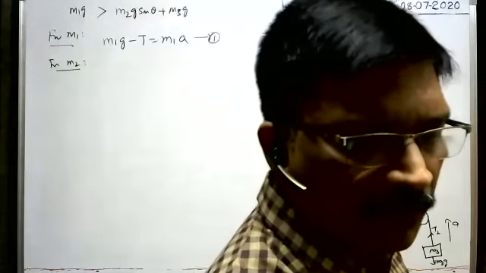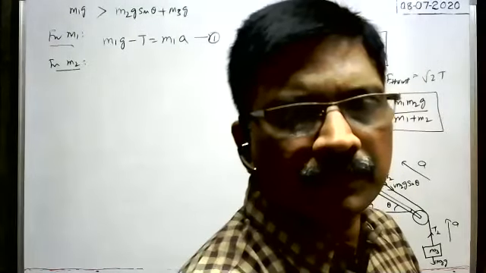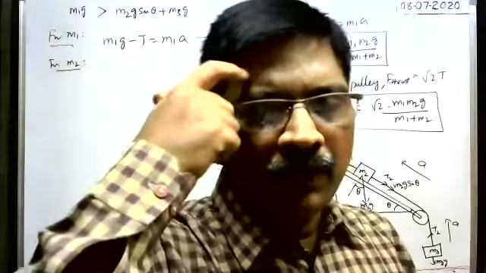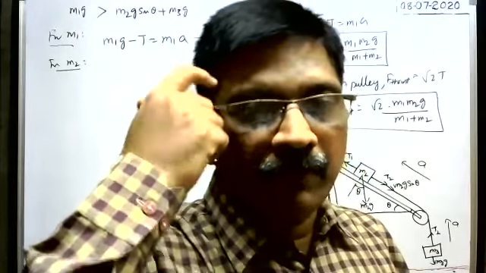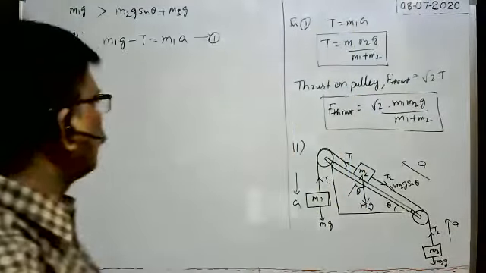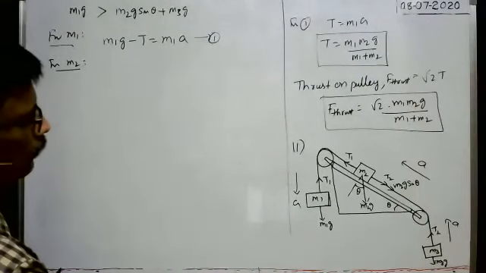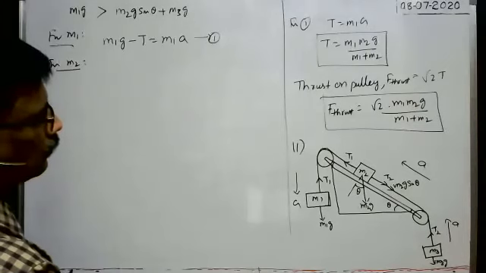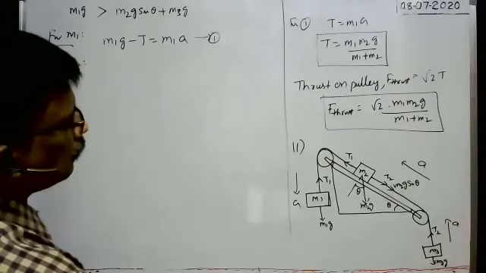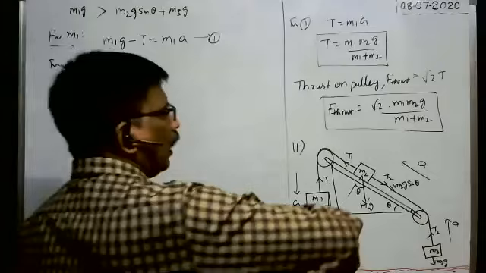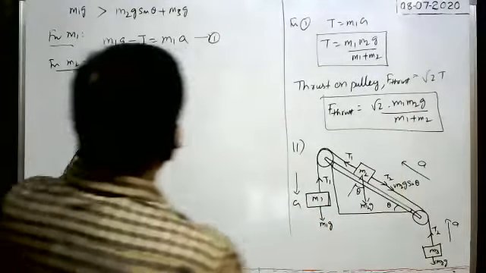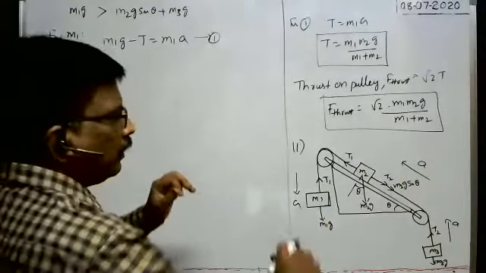Varshit Reddy, what is your doubt? In that pulley problem, sir, if M2g sin theta plus M3g is greater than M1g, it is all the same but reversed, no, sir? Yes, the same, but we have taken the reverse direction.